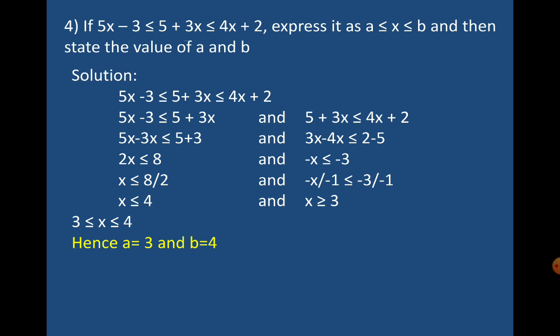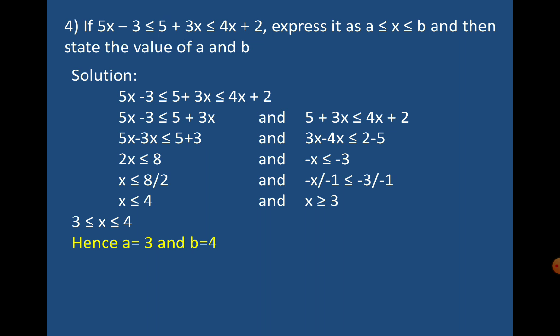Okay, we can solve one more sum. If 5x minus 3 less than or equal to 5 plus 3x less than or equal to 4x plus 2, express it as a less than or equal to x less than or equal to b and then state the value of a and b.